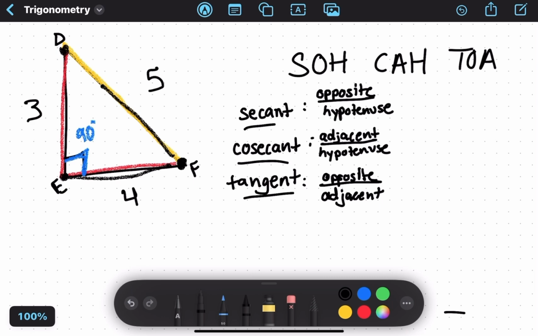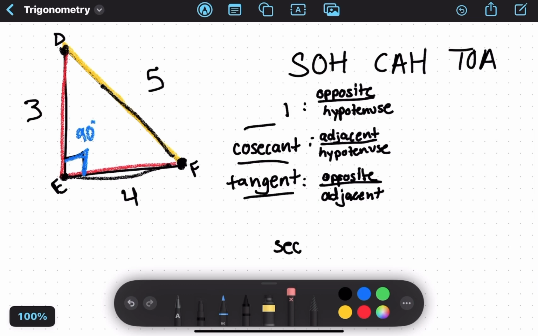Okay, now let's find the secant of point D. What am I saying? I apologize. It's not secant, it's sine and cosine.